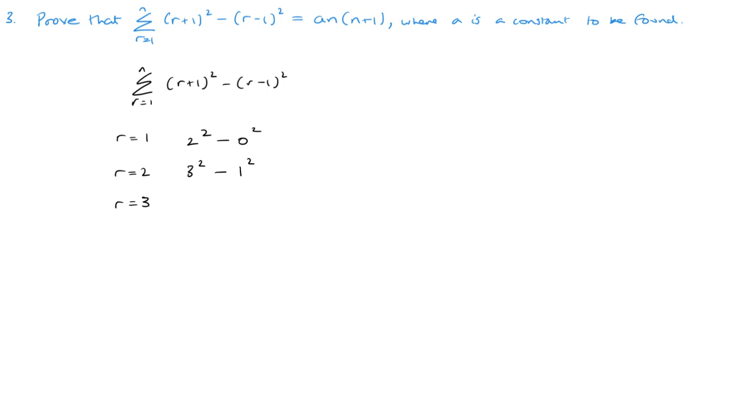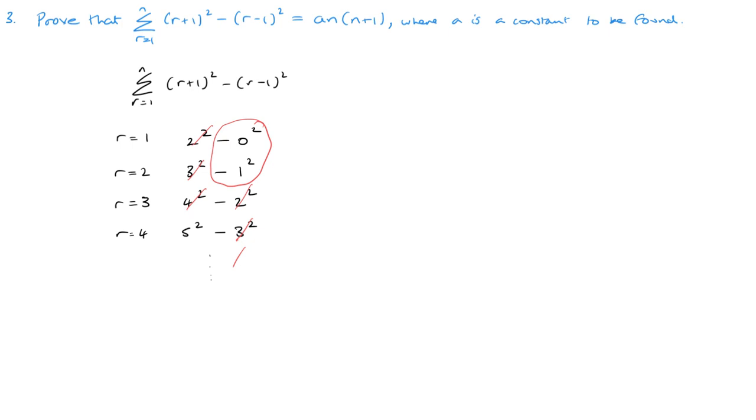R equals 3, we get 4 squared minus 2 squared. We're starting to see a pattern. R equals 4, we get 5 squared minus 3 squared, and so on. Now the pattern here is, here's the 3 and this 3, this 2 and this 2. So the 2's, the 3's, the 4's will go there, and then the 5's and so on. So we're left with these two here.